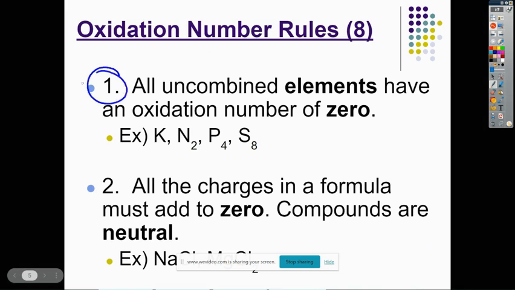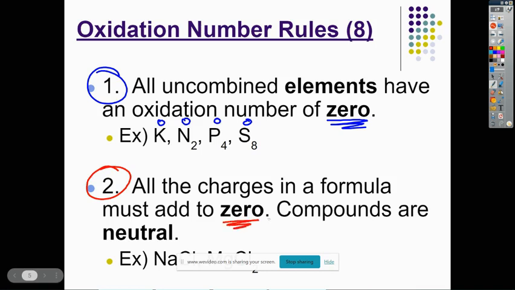Rule number one, all uncombined elements have an oxidation number of 0. They don't have any sharing of electrons going on. So whether it's a metal, a diatomic element, or some little conglomeration like phosphorus or sulfur, they are all 0. Rule number two, all the charges in a formula must add up to 0.